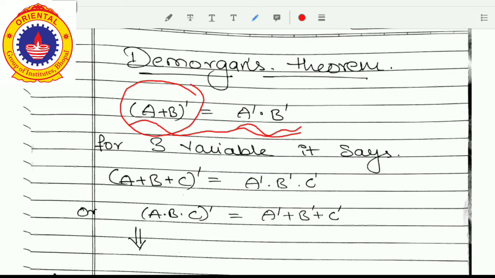Symbolically, (A + B) complement equals A complement dot B complement. For three variables, (A + B + C) complement equals A complement dot B complement dot C complement, and for the other one, (A dot B dot C) complement equals A complement plus B complement plus C complement.